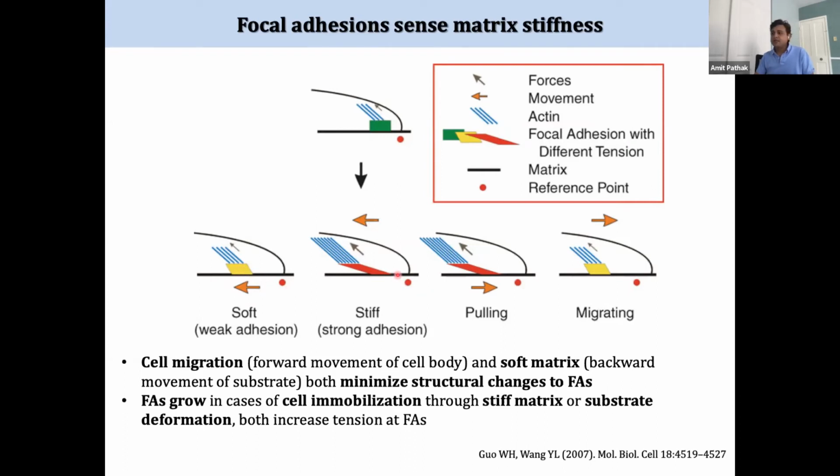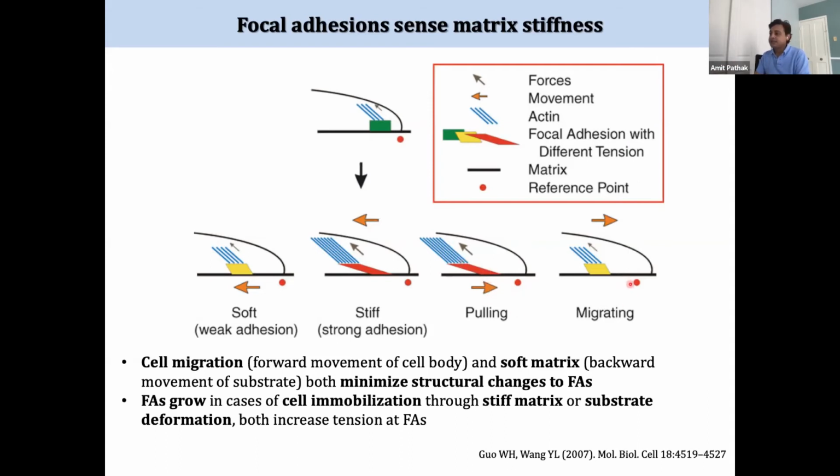But on a stiff ECM, now the cell is generating more force. So the orange arrow is now on top of the cell. And because of the force generation, now the focal adhesion will be under a lot of force, so it will grow bigger. Now, on a given ECM, if this matrix is being pulled, like by an extracellular pressure or something, then also the focal adhesion will experience a lot more force and it will grow in size.